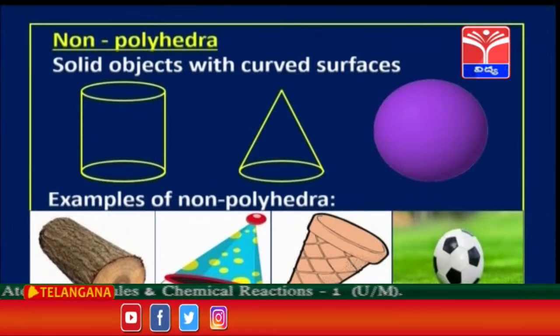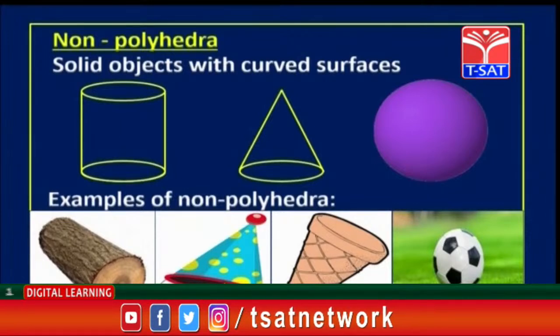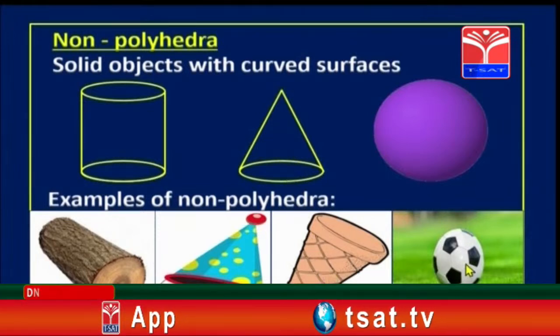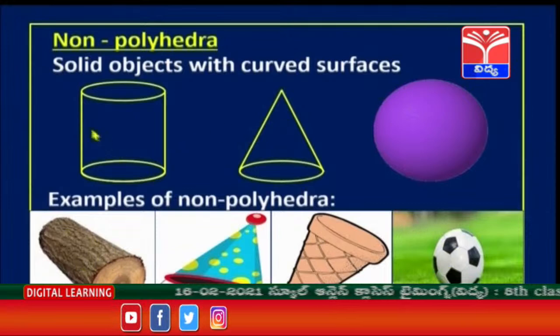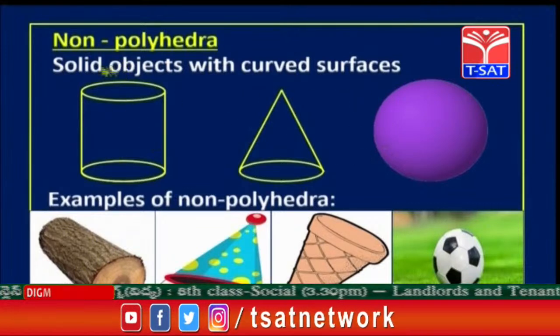Children, first one is wooden log which is in cylindrical shape, second one birthday cap which is in cone shape, ice cream cone which is in cone shape, football which is in sphere shape. See children, these do not have only polygonal faces, these have curved surfaces. So we can call them non-polyhedra.